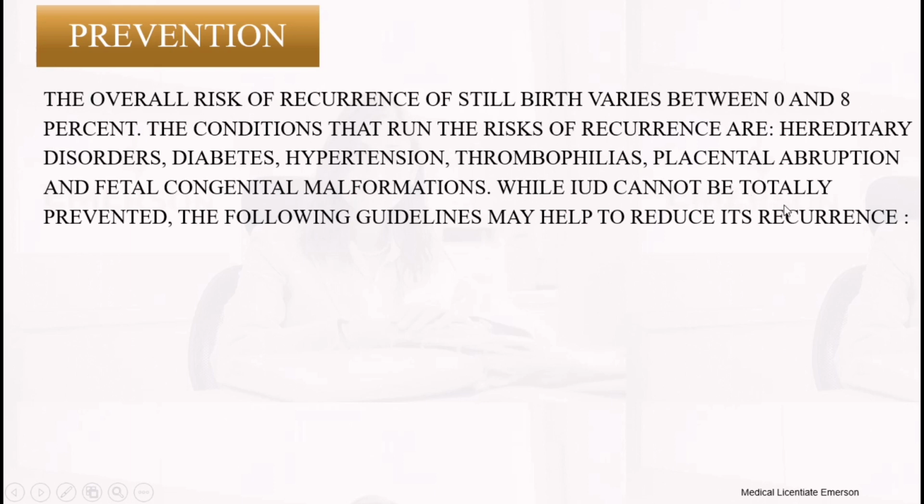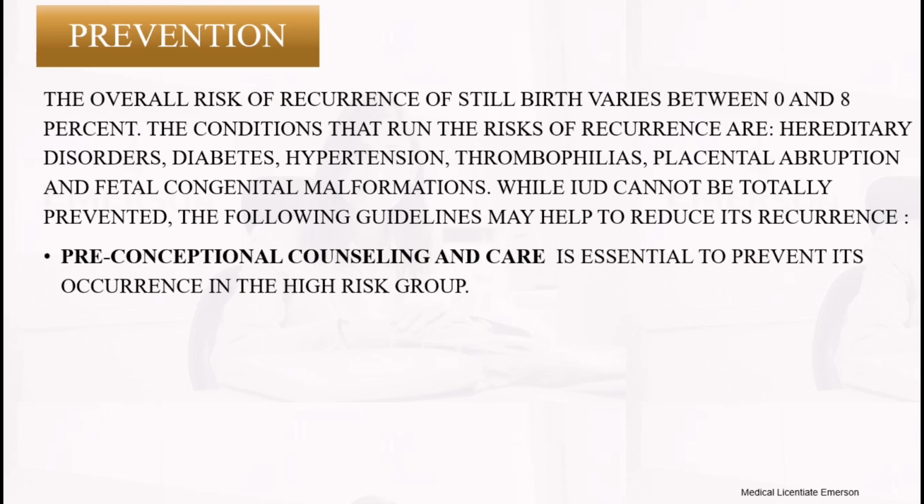While IUFD cannot be totally prevented, the following guidelines may help to reduce its recurrence. So we have preconception counseling and care, which is essential to prevent its occurrence in the high risk groups.